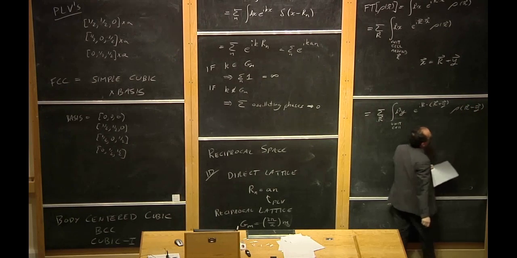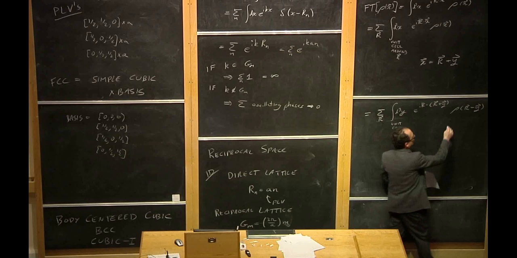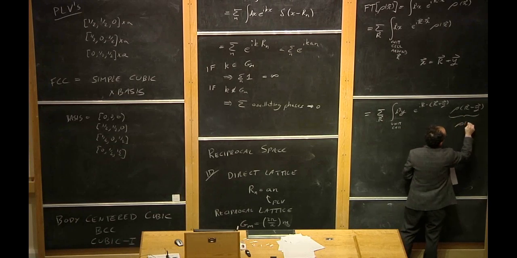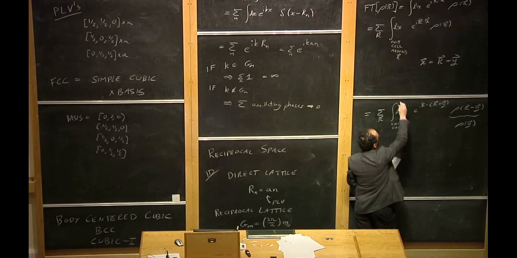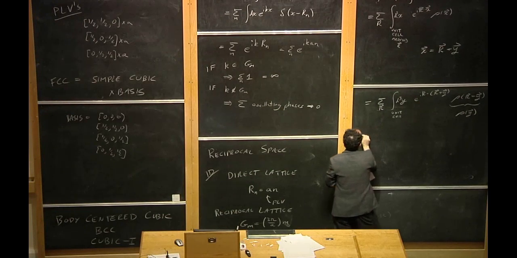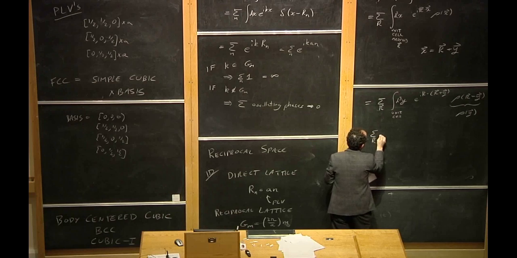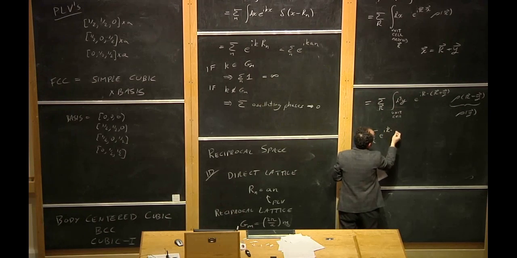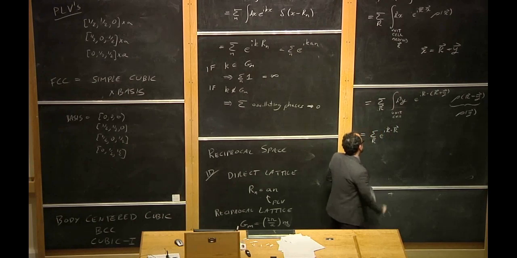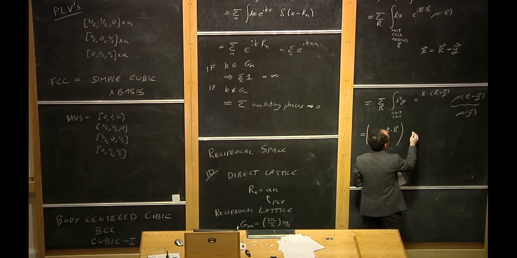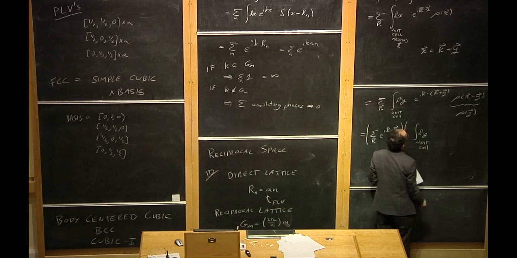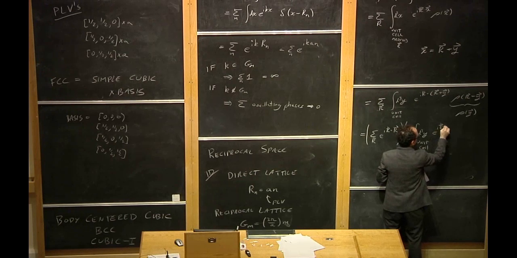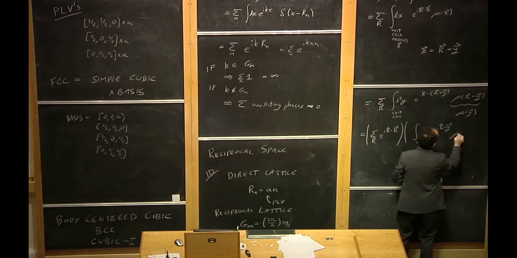Now, rho is periodic, so rho of (r plus y) is the same as rho of y. That makes it easy. Then I can factor out the e to the i k dot r term, and I get the sum over r of e to the i k dot r, in parentheses, times, in parentheses, the integral d3y over the unit cell of e to the i k dot y times rho of y.